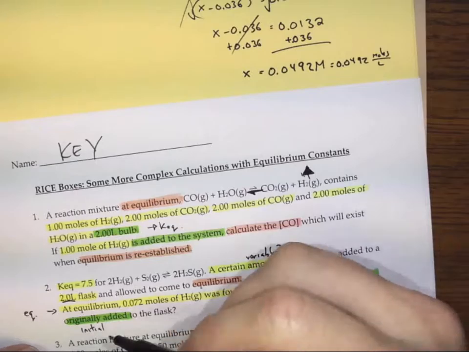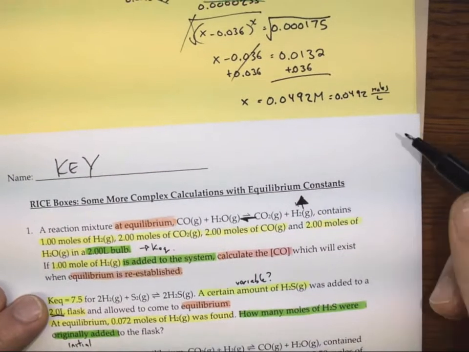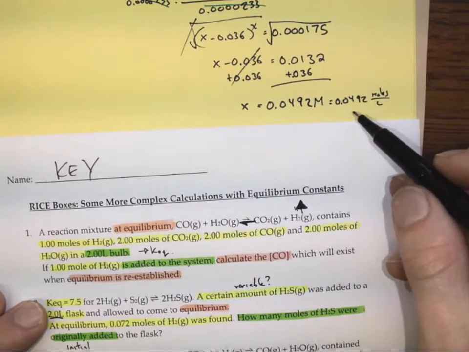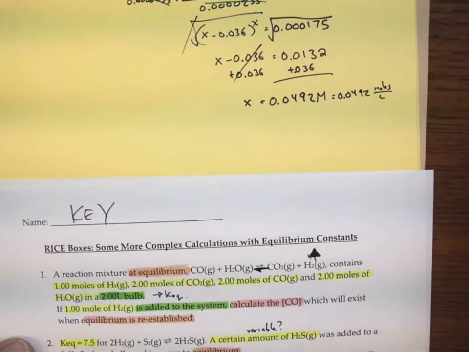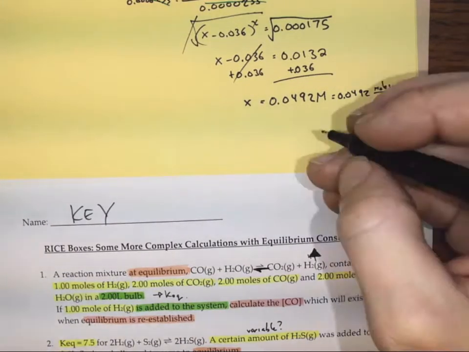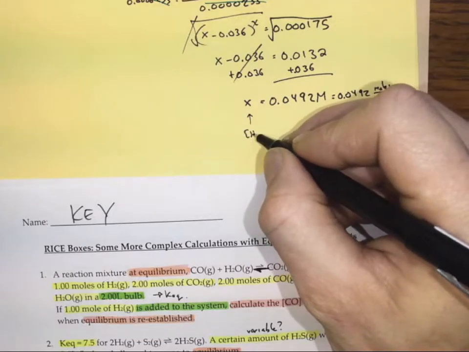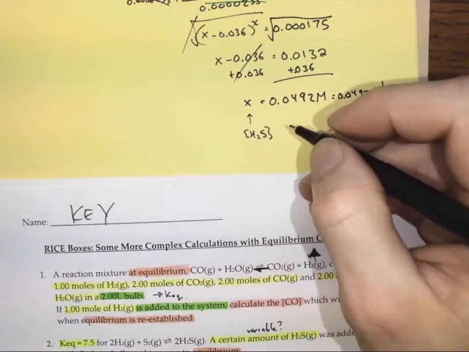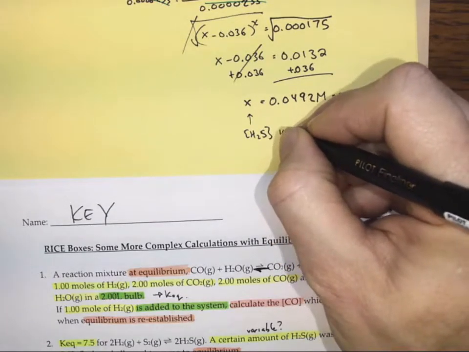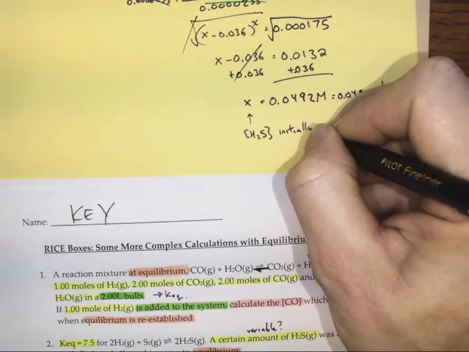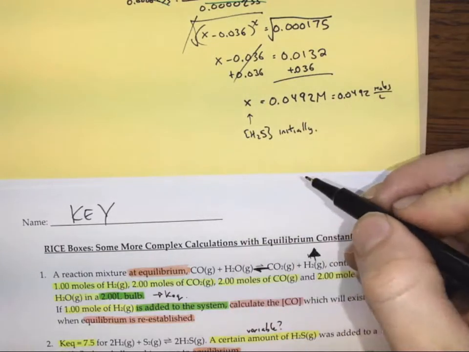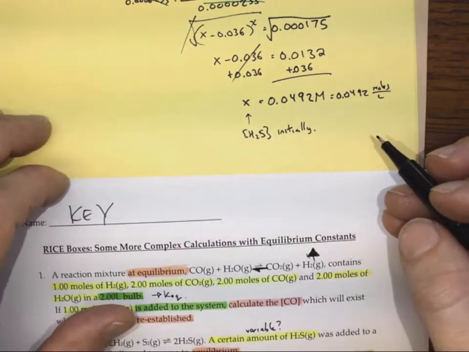And I've got 2 liters, so I must have twice this many. But to clarify, first I'll make a note: this is the concentration of H2S initially. And then to find the number of moles, I'm going to multiply by the volume.